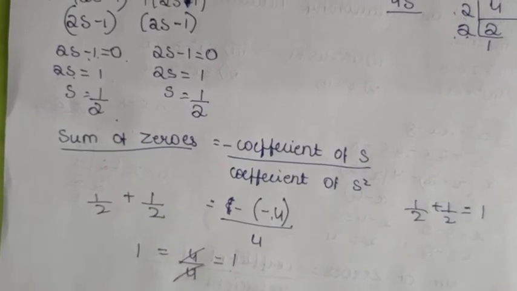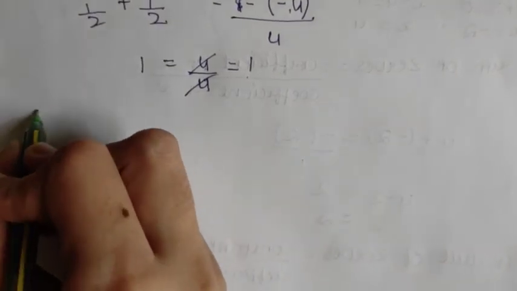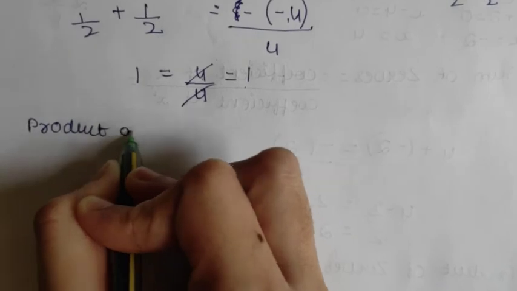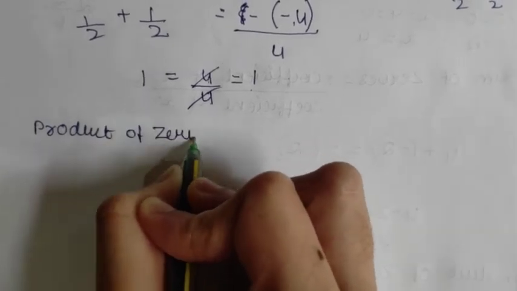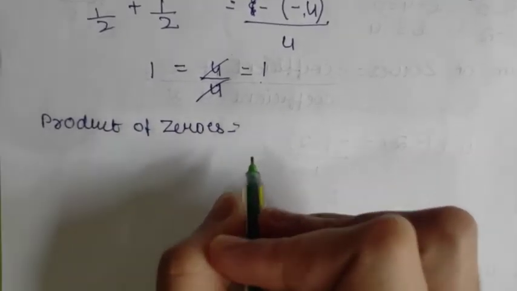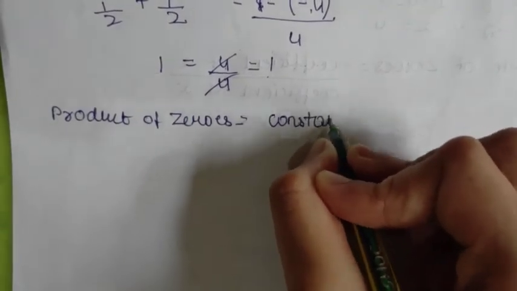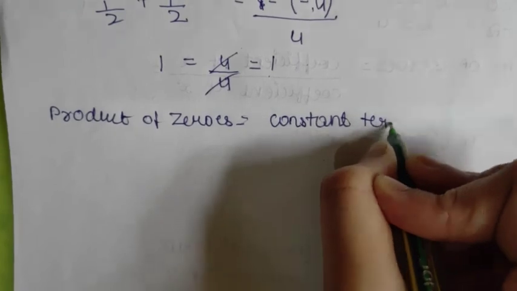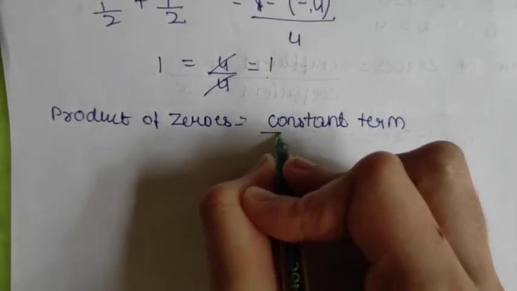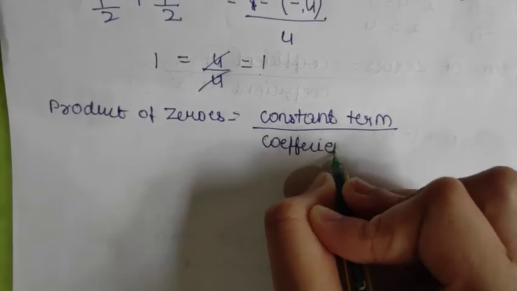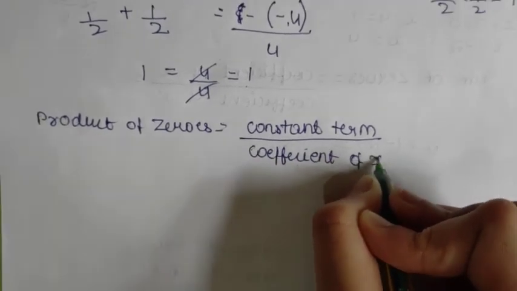Now let's find the product of zeros. I'll write product of zeros. The formula to find the product of zeros is constant term by coefficient of x square.